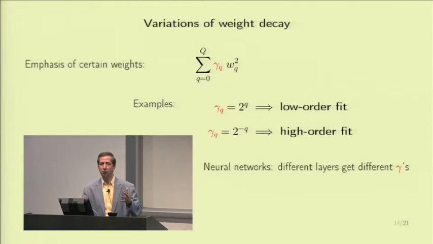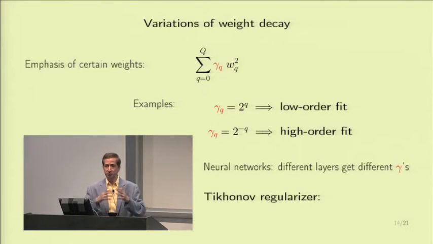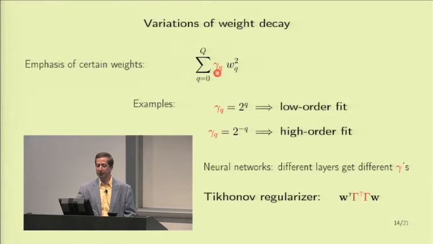And the most general form of this type of thing is the famous Tikhonov regularizer, which is a very well-studied set of regularizers that has this general form, okay? This is a quadratic form, but it's a diagonal quadratic form. I only take the W0 squared, W1 squared, up to WQ squared, okay? This one, when I put it in matrix form, is a general quadratic form. So it has the diagonal guys and it has off-diagonal guys.